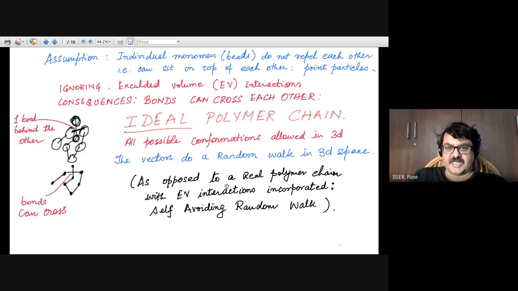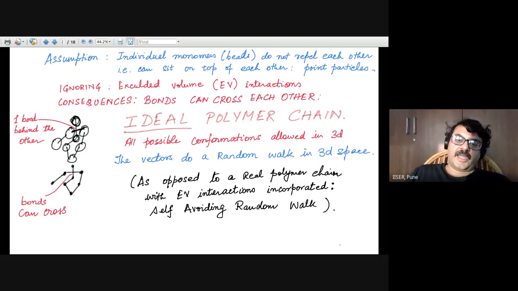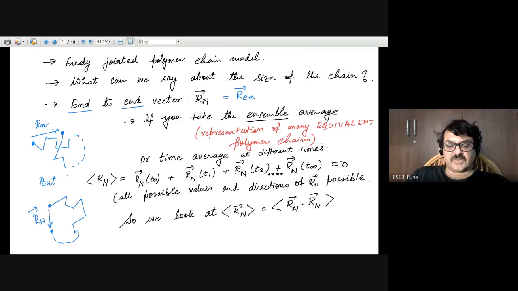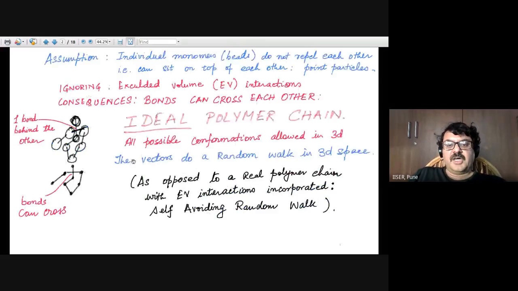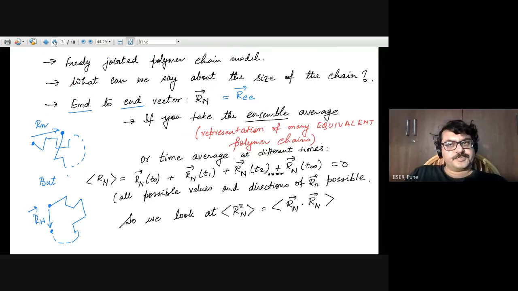That's why I mentioned as opposed to a real polymer chain with excluded volume interactions incorporated. And when you look at the conformations of a polymer chain with excluded volume interaction incorporated, you would call them a self-avoiding random walk. Whereas this is just a simple random walk in 3D space, right?